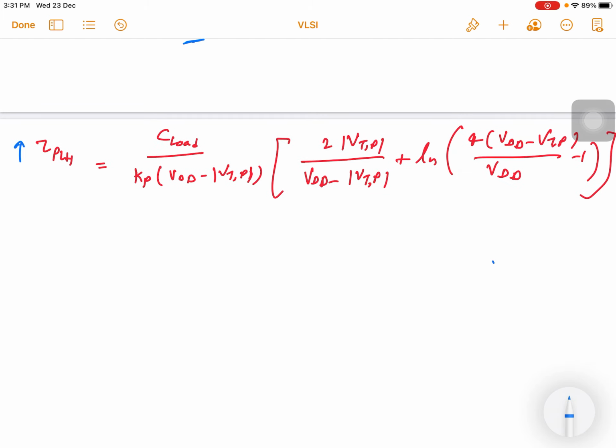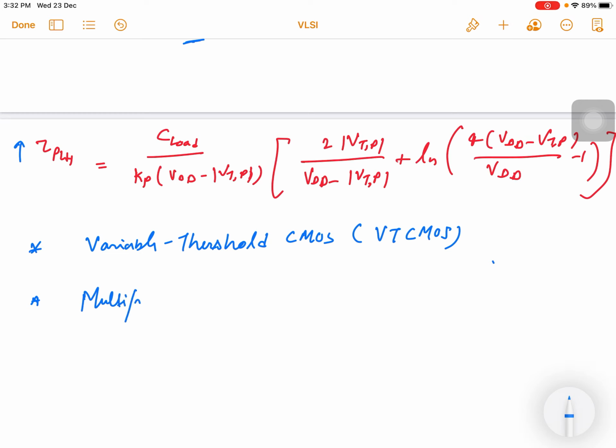There are two techniques available. The first one is variable threshold CMOS, also known as VT CMOS, and the second one is multiple threshold CMOS, that is MT CMOS.